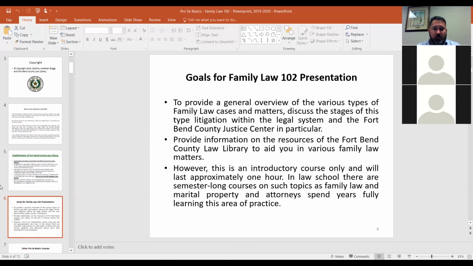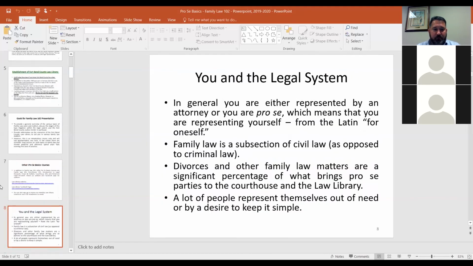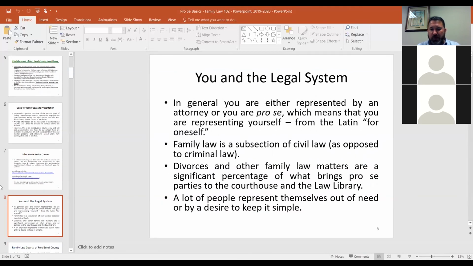Family Law 102, like I said, is to give more detail about some particular legal processes that are encompassed by the family law district courts. I'm going to scroll through some of the general slides. They're still informative, but they're pretty general as well. Family law is a part of civil law as opposed to criminal law, and divorces and family law matters are a significant part of what brings people to the law library and to this courthouse.